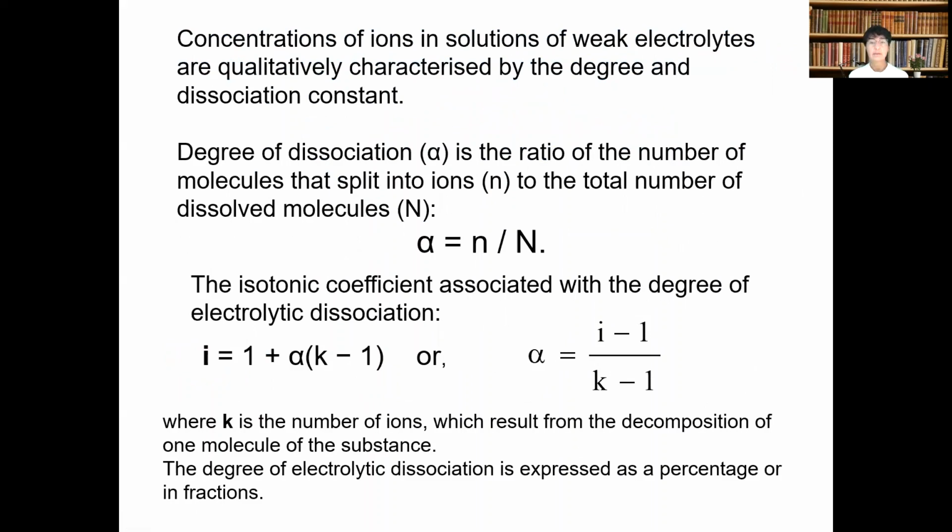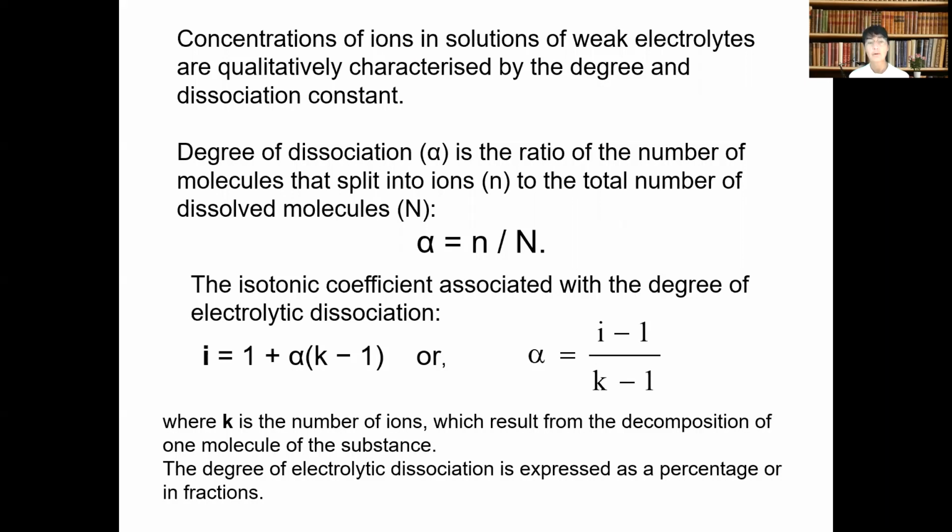Concentrations of ions in solutions of weak electrolytes are qualitatively characterized by the degree of dissociation and the dissociation constant. Degree of dissociation: we will use the Greek letter alpha to mark it.